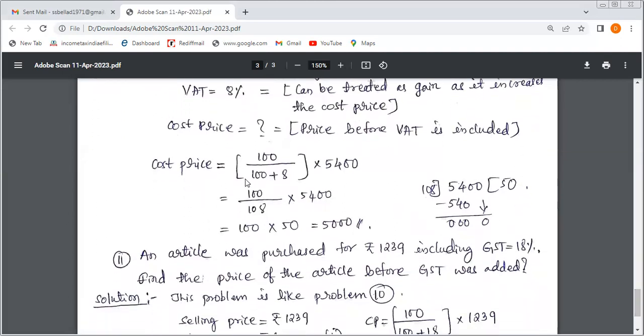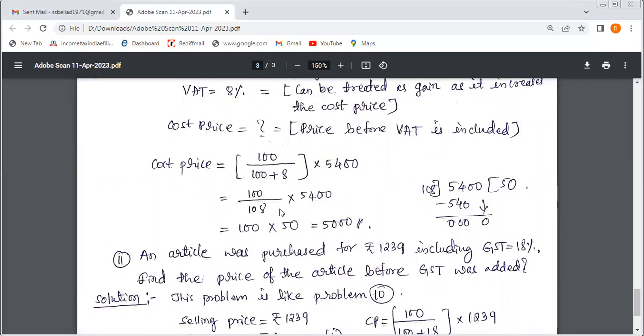Same formula again we are using here. Cost price is equal to 100 divided by 100 plus gain into 5,400. Gain is 8% here, which is the VAT. So 100 plus 8 gives 108. So it becomes 100 divided by 108 into 5,400.